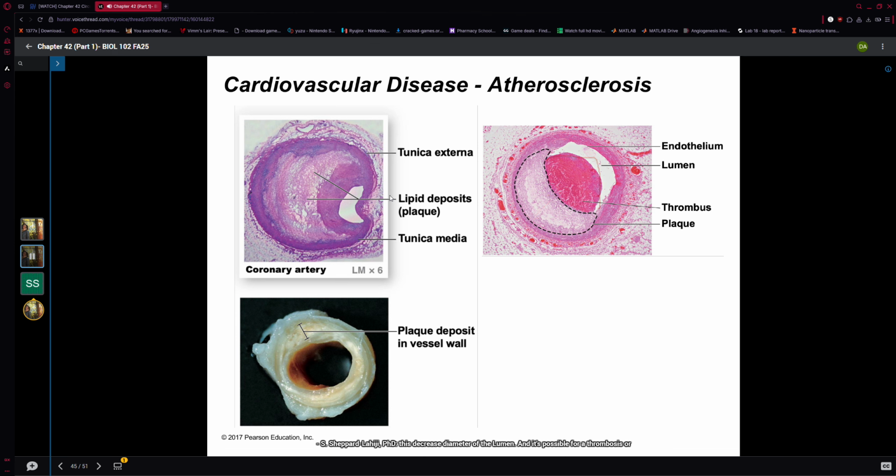And it's possible for a thrombus or a clot to grow large enough to completely obstruct a small vessel, or a piece of the thrombus can break off and then travel within the bloodstream and then end up as an embolus. And an embolus is essentially going to be a fragment of that blood clot that wedges its way into a smaller vessel and is going to impede blood flow from that point on.